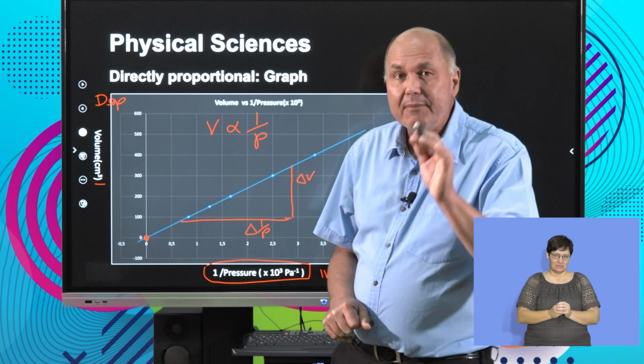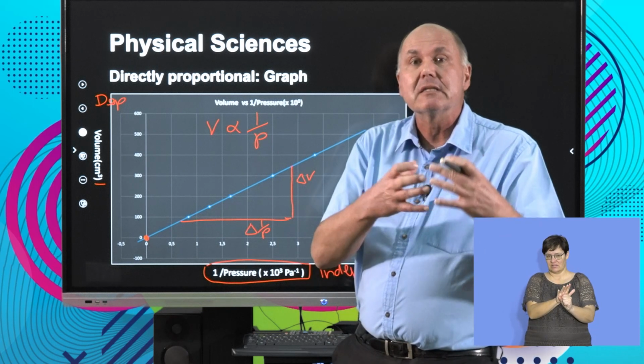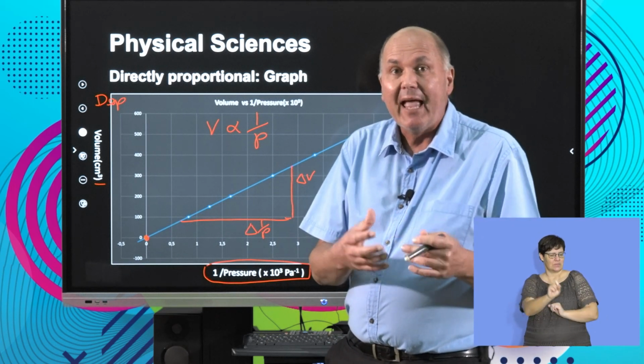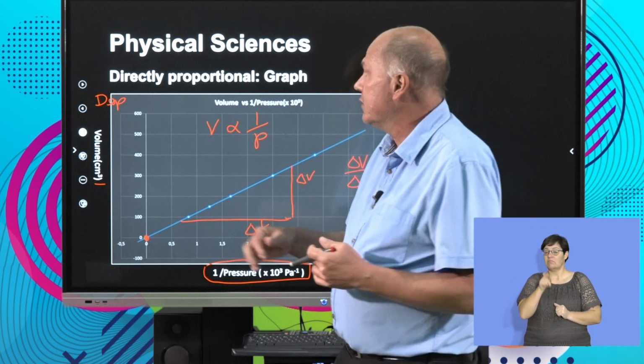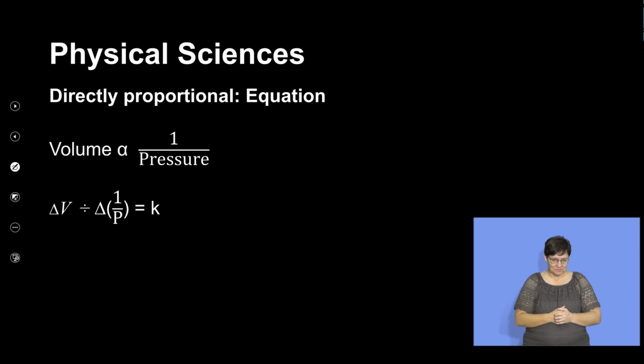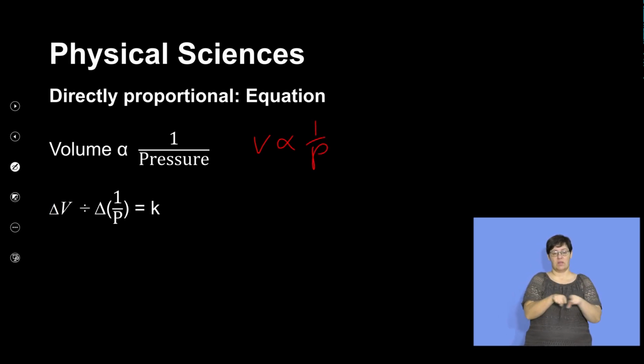Now, let's see the implication of what this gradient is actually representing and how we can use it to find further relationships. As I've written it in words here, we've written it in symbols previously to say the volume is equal to 1 over pressure. We've written it in that form, we're saying this is a constant.